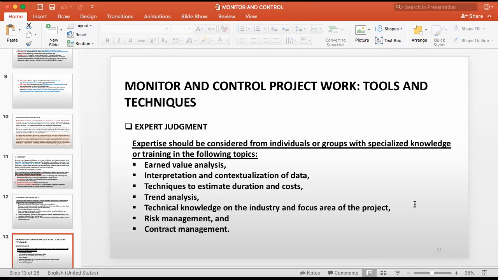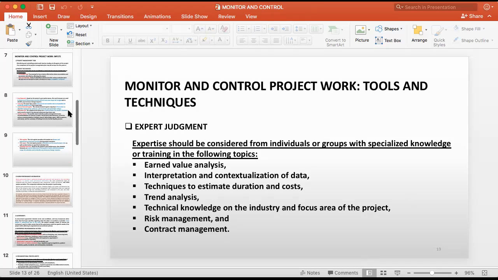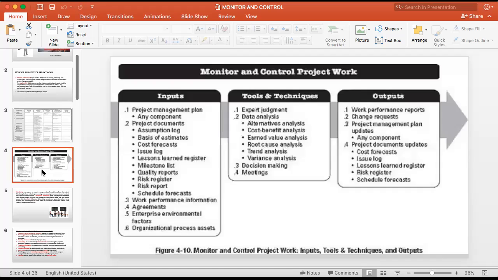So now we are coming to the tools and techniques. Now we said this is a thinking process. Because finally you are going to develop the work performance report. That is the main output of this process.